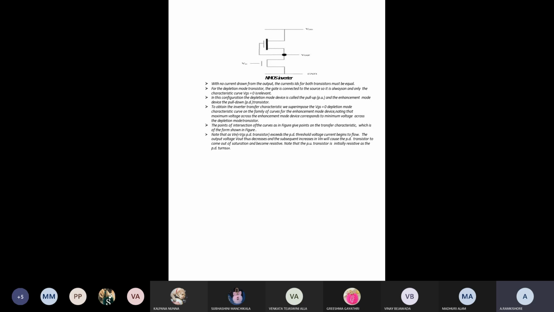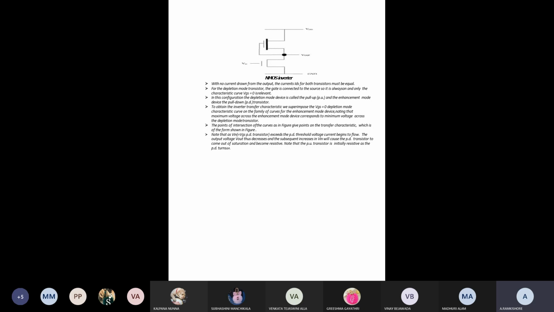But in case of the NMOS inverter, in the upper part we have to use a depletion mode n type transistor, and at the bottom of the circuit we use an n type pull down transistor.